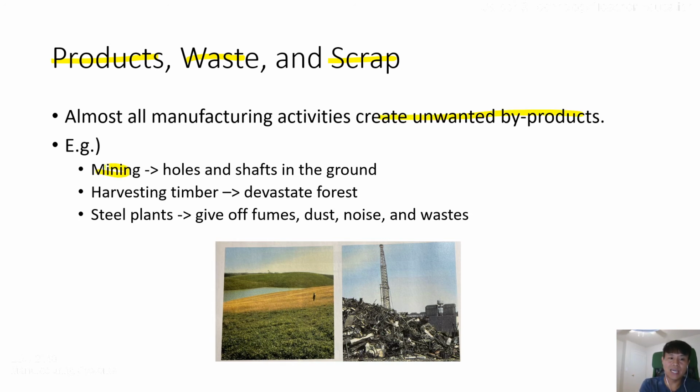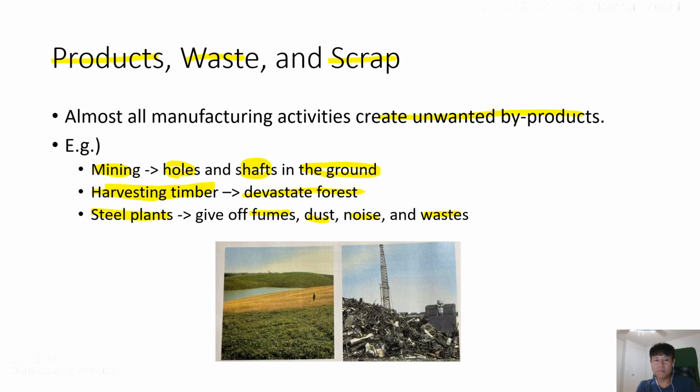For example, mining creates holes and shafts in the ground structure, and sometimes the ground collapses. Harvesting timber to obtain lumber devastates forests. A steel plant is a very complex process that produces lots of fumes, dust, noise, and waste.